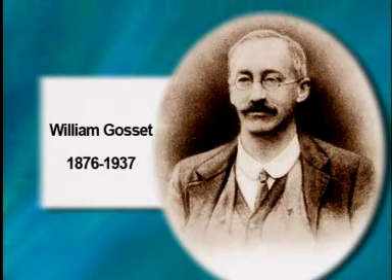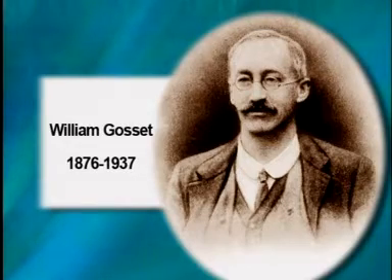And he was working in the company, a statistician there, talking about yeast and so on. He was working on statistics and wanted to write articles in a statistics journal. But the Guinness Brewing Company didn't allow him to do that because they thought it was giving away trade secrets. So he published under the name of Student.